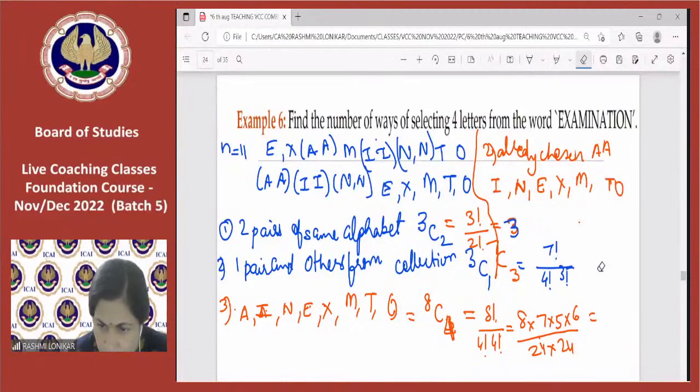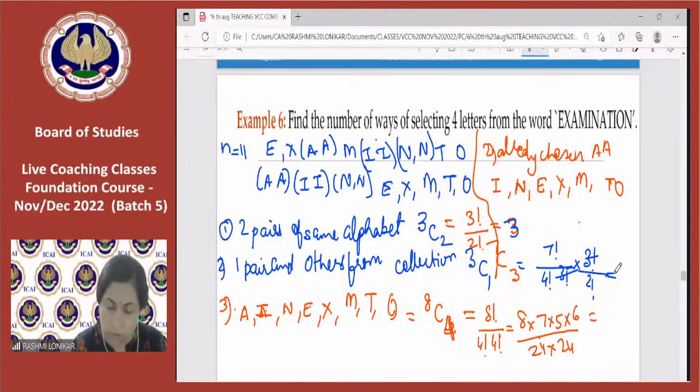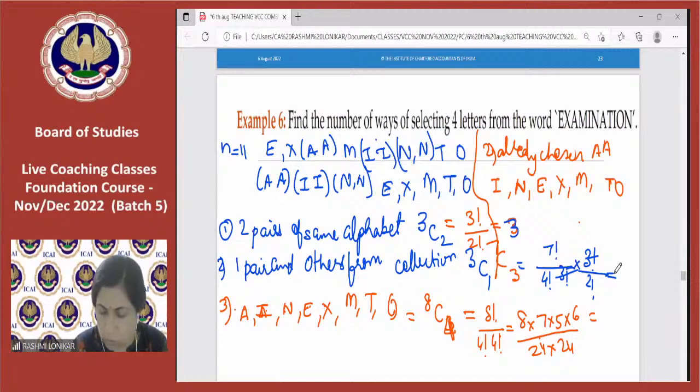This is equal to 3C1 times 7C3, so I can cancel this. What will I get? 7 factorial, 5040 divided by 24 divided by 6, which gives 105.